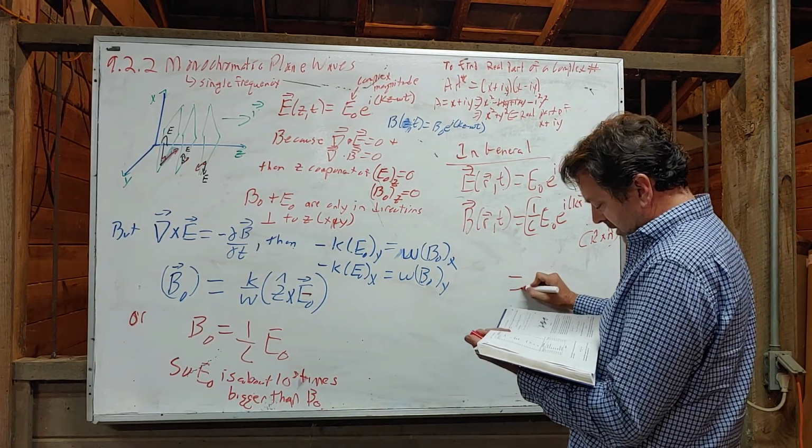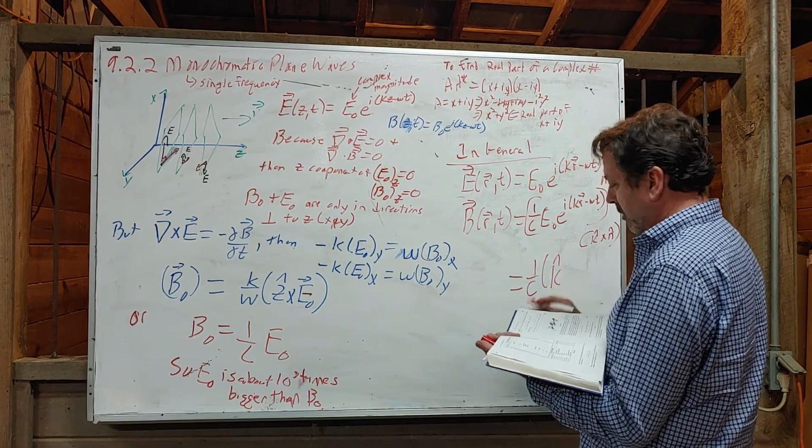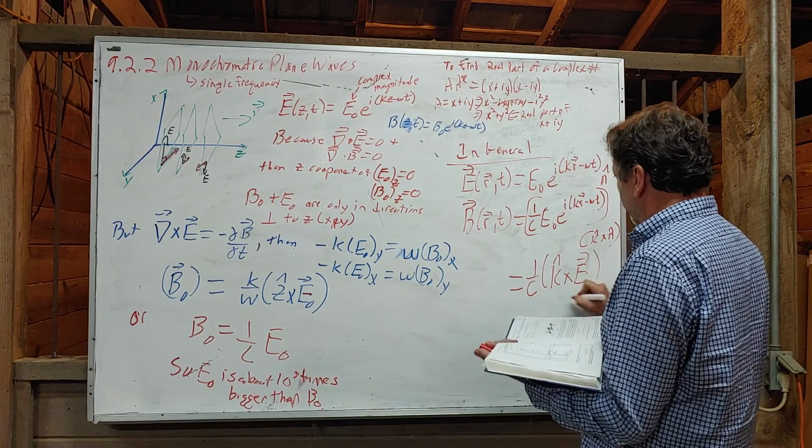Or you could just write this as 1 over c k hat, which is the direction of the wave, cross it with the electric field.